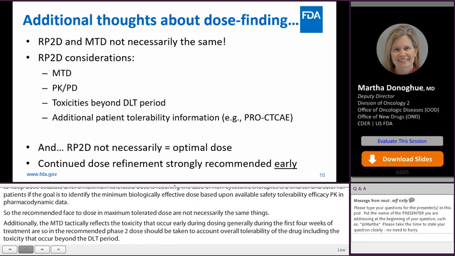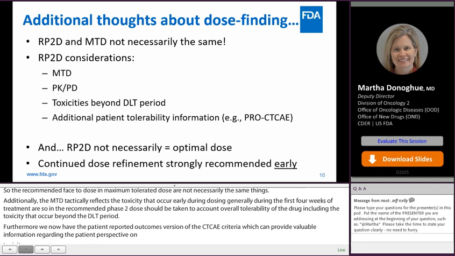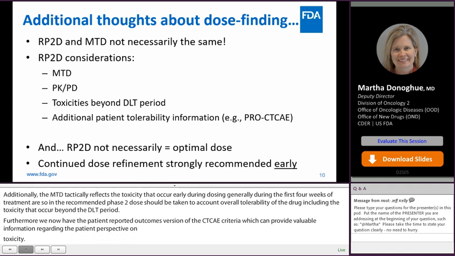We encourage sponsors to consider using this patient-reported assessment tool in addition to investigator-recorded adverse events and grading of adverse events as an additional way to help paint a clearer picture of the safety and tolerability of their drugs to help with identification of the appropriate RP2D.